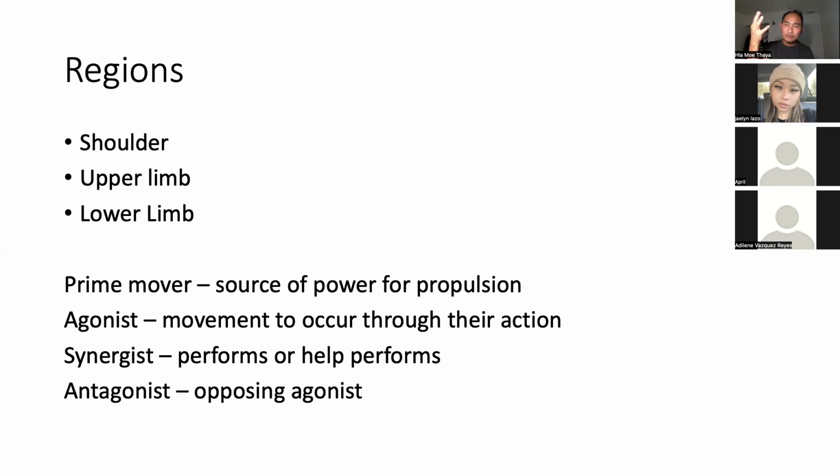We will not be too detailed about muscles of the hands, but there are a few muscles which we need to remember. So we were talking about prime mover, agonist, synergist, and antagonist.